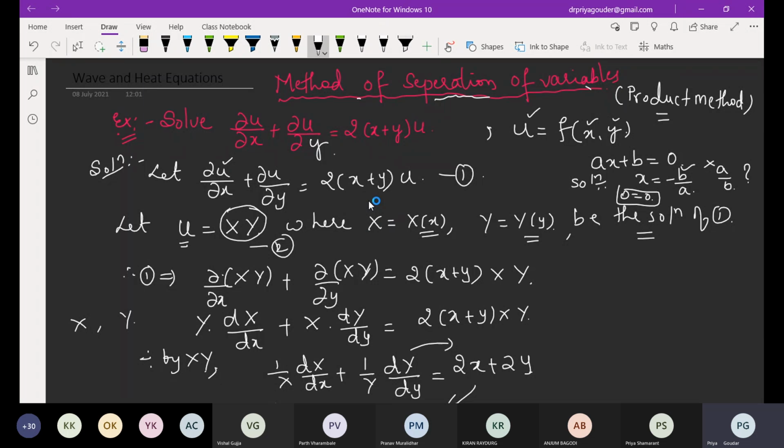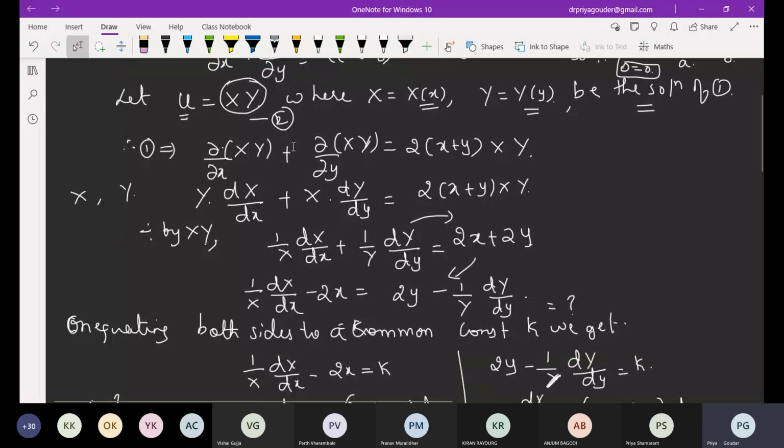Now, when you are saying equation 2 is a solution, it has to 100% satisfy. So, in place of u, write it as XY and apply the concept. Now, as the remaining thing is a function of only one variable, capital X is a function of only one. That's why dou X by dou x can be written as dX by dx.